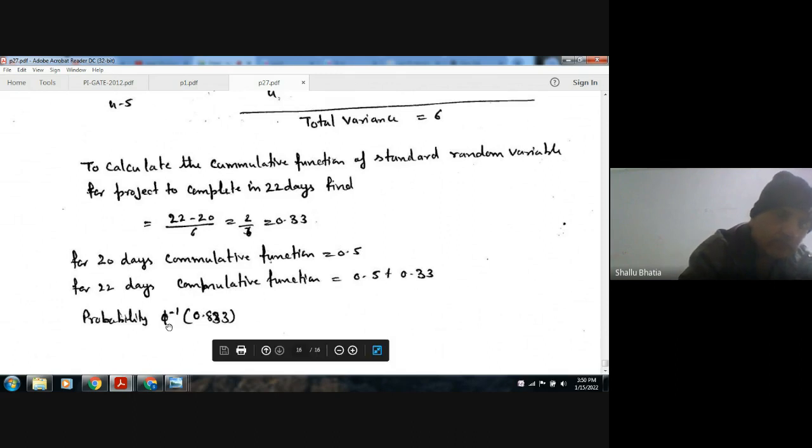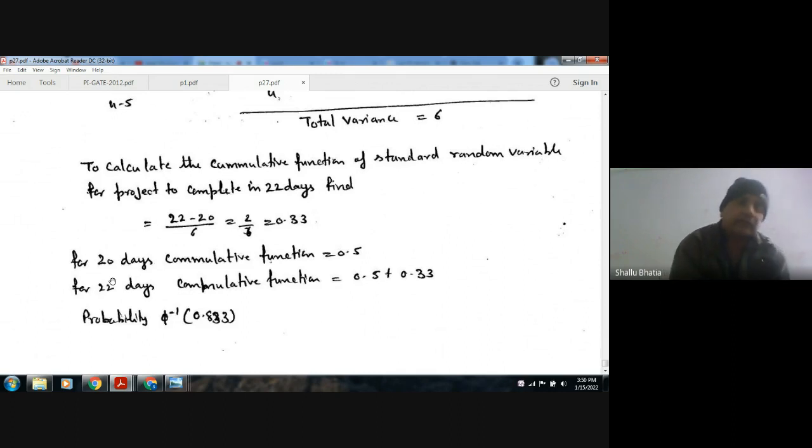If it had been asked to find the cumulative function for 18 days, then we would subtract this and it would come out negative, so the probability would be less. But as it has been asked to find the cumulative function to complete the project in 22 days, which is more than 20 days, for 20 days the probability is 0.5 and for 22 days it will be more than 0.5.